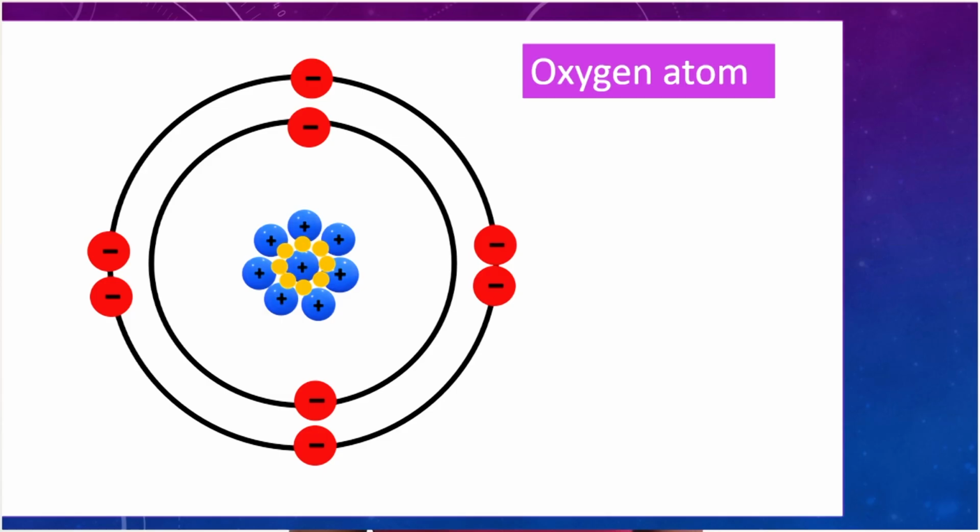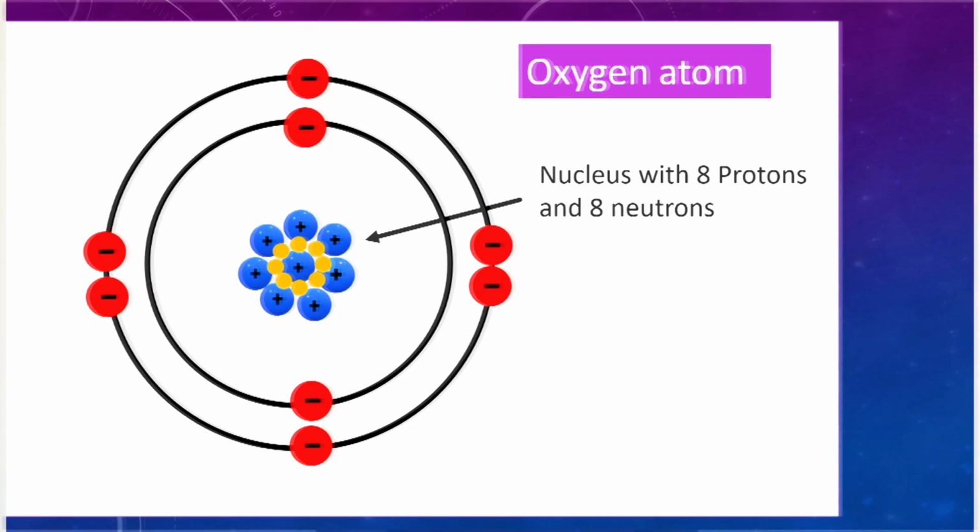Remember, in an atom, we have 3 types of particles, right? There is a central portion that is called the nucleus. And in the nucleus, we would find which subatomic particles? In the nucleus, we would find our protons and our neutrons.